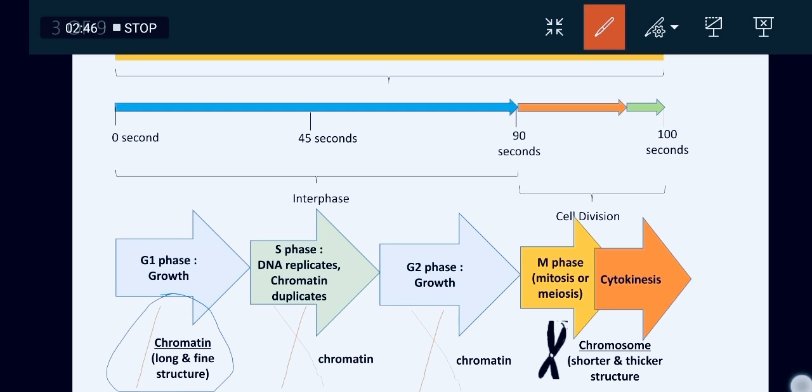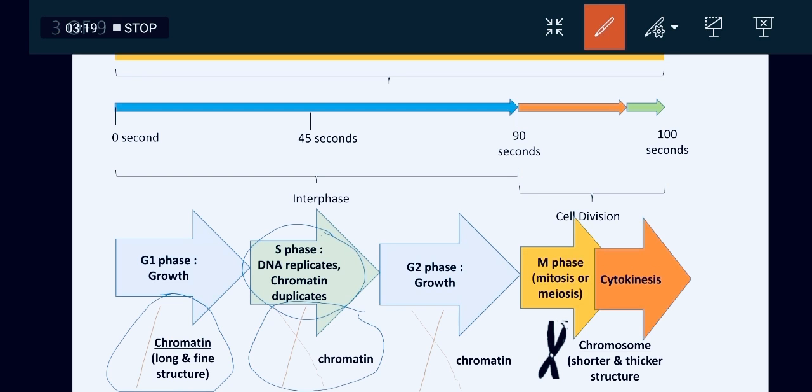The second phase is S phase. What happens here? DNA replicates, chromatin duplicates. Duplicate means it makes another copy. So if you look at this structure, chromatin, now it has another copy that intersects the first long fine structure, so it is like a cross.